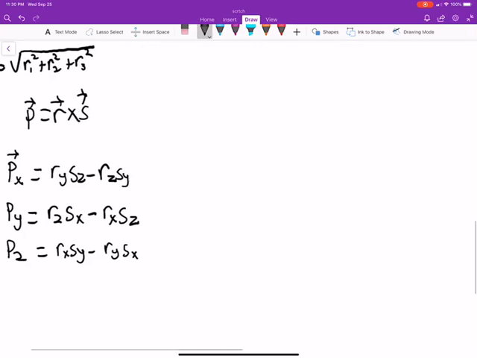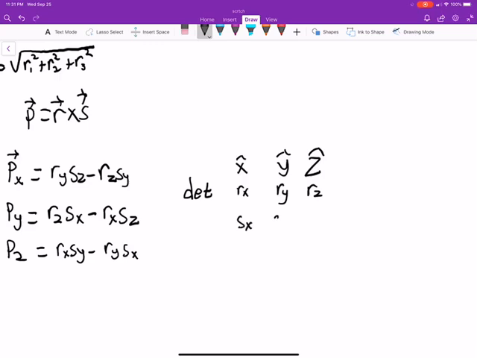Now, I don't always remember that, so what I tend to do is just find the determinant, which we'll set up real quick: Rx, Ry, Rz, Sx, Sy, and Sz. If you solve this, you'll get this for your x component, this for your y, this for your z.